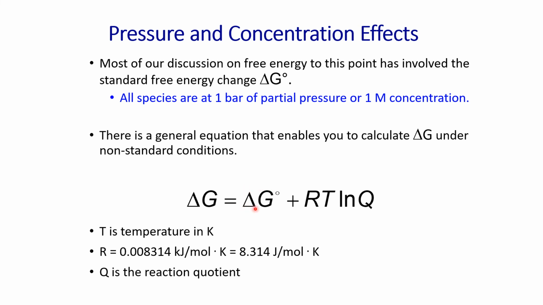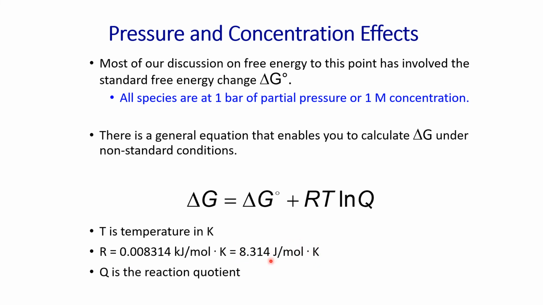So delta G naught is the standard, and we want to calculate what it is at our conditions. So delta G naught plus, there's your friend R again, T of the reaction, and natural log of the reaction quotient. There's your ln Q again. Be careful which R you use. I tend to use 8.314 joules per mole K here.